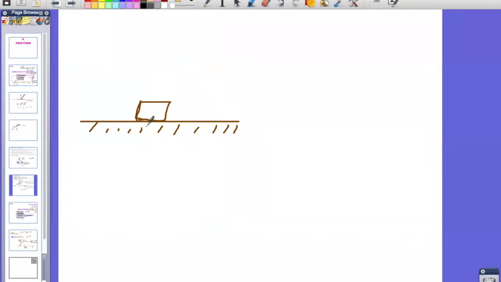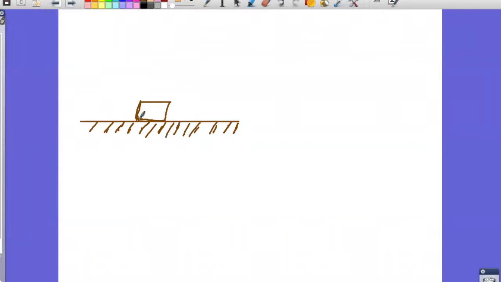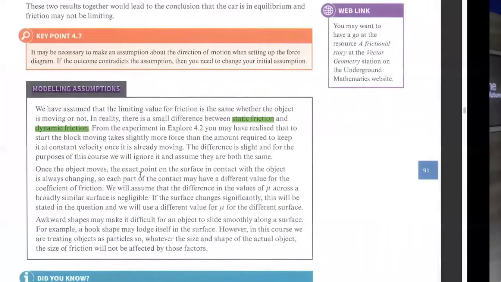So the frictional force is not going to act on the same point always. But again, this is very slight, and we cannot account for it in our low-level mathematics now. So we assume that it is always going to be the same points in contact.